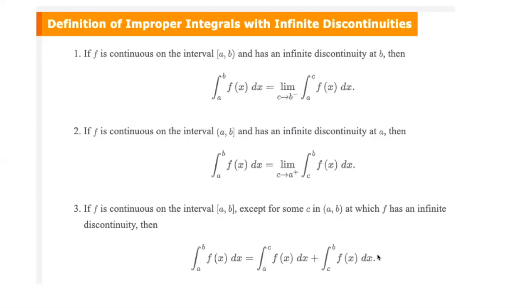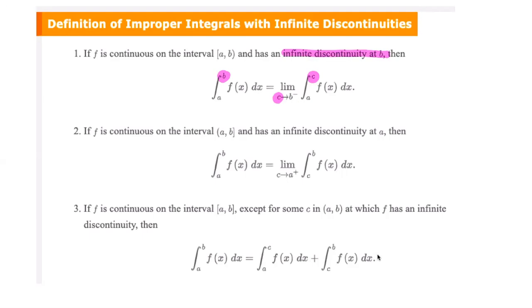B is the problematic one because there is an infinite discontinuity at B. So we're going to use the same letter T, but we're going to take a limit as T approaches the value that we want. We integrate, plug in our numbers, and then take the limit. Does it still give us a number? Then yes, it converges. If it gives us infinity or negative infinity, then it diverges.